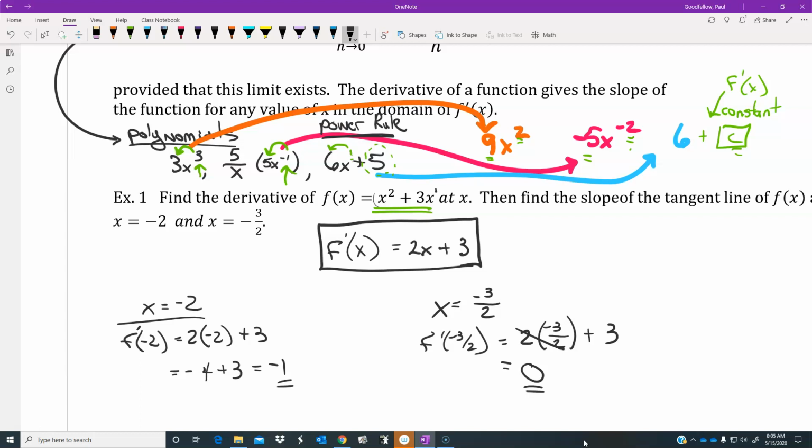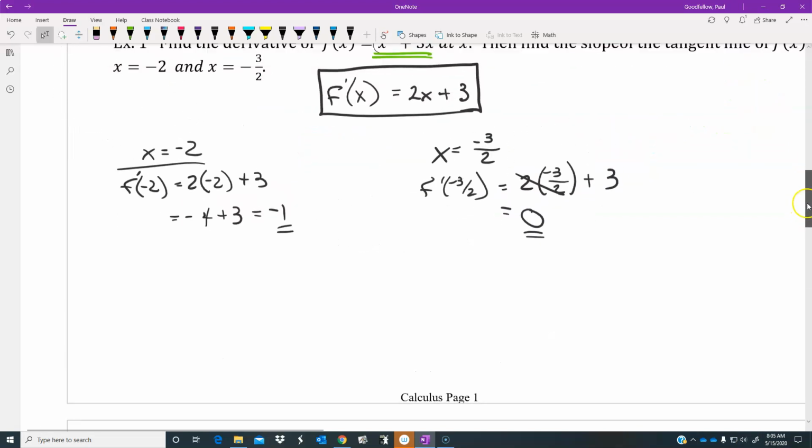Now, let me talk about what these answers are really telling you. You're like, okay, so what does this mean? Let's remember that what you're doing right here is a derivative. You're taking the derivative's answer.